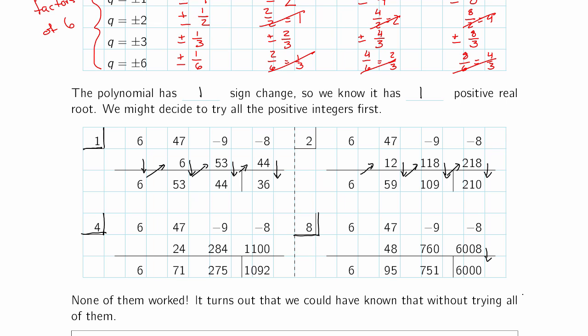None of them worked. And it actually turns out we could have known, without trying all of them, that none of them was going to work.